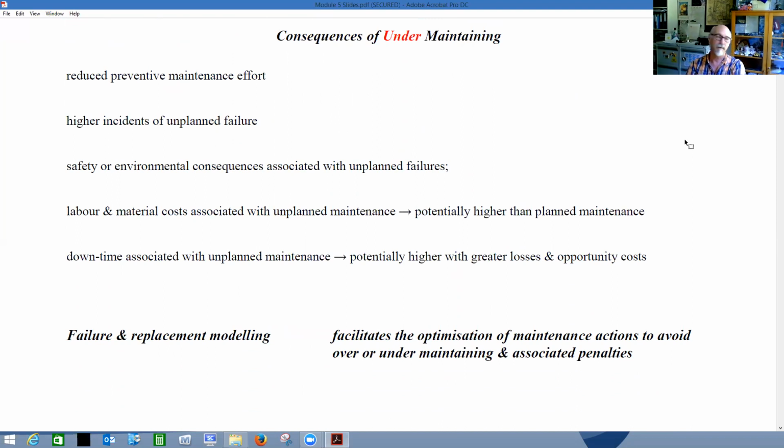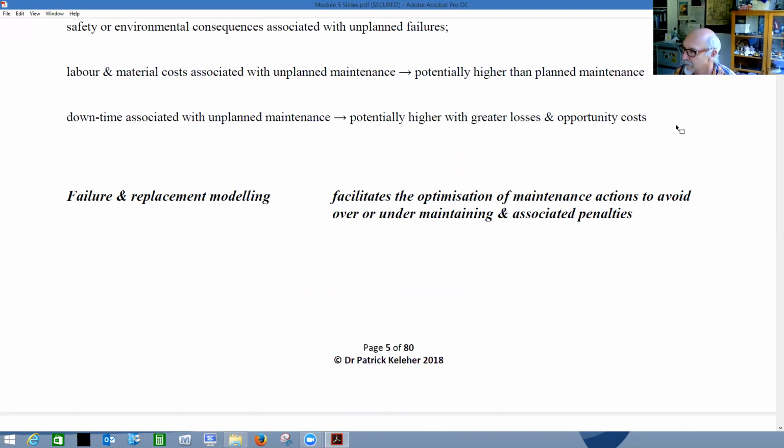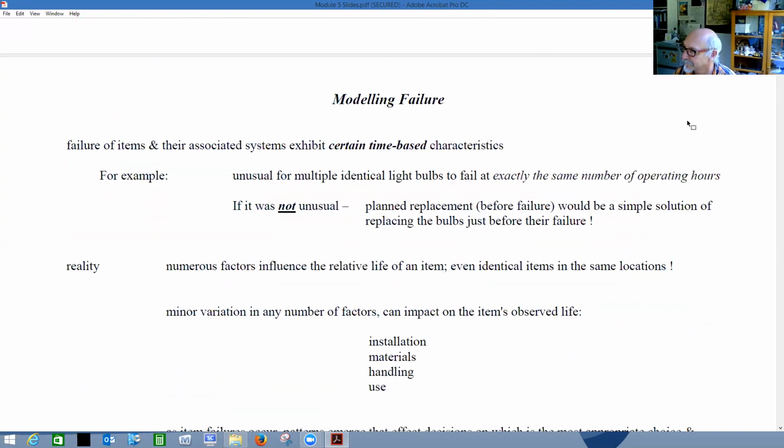Downtime associated with the unplanned maintenance is potentially higher, with greater losses and obviously opportunity costs. Failure and replacement modelling facilitates the optimisation of maintenance action to avoid over- or under-maintaining and the associated penalties and consequences. All right, so as we say, you can over- or under-maintain things.